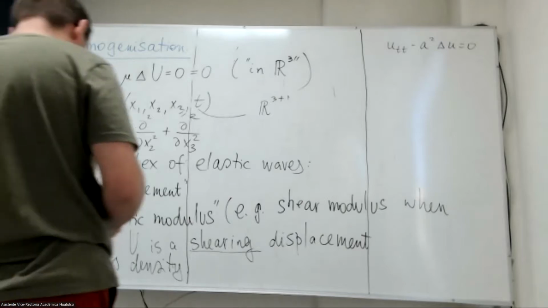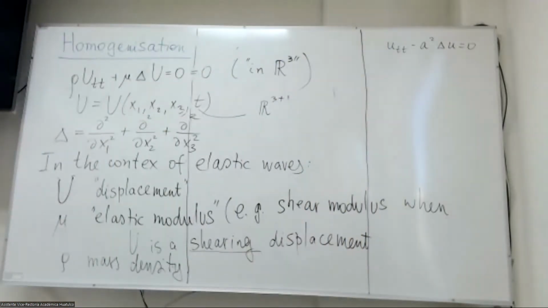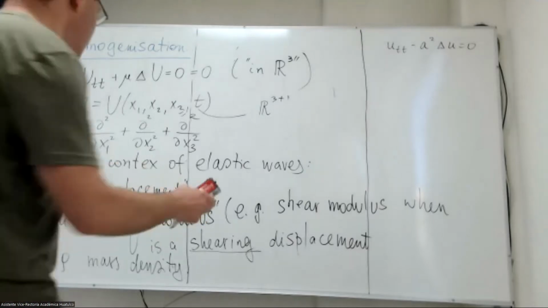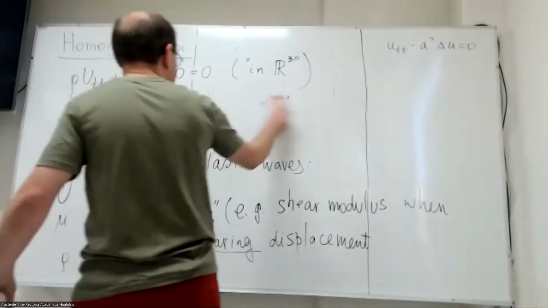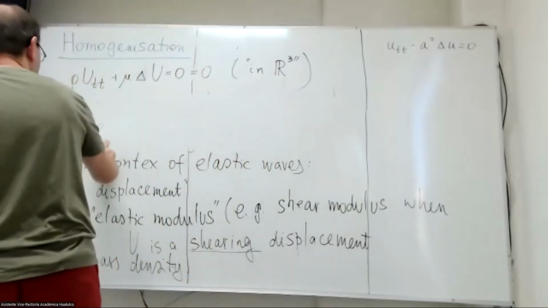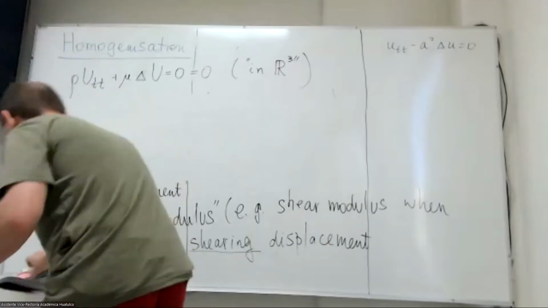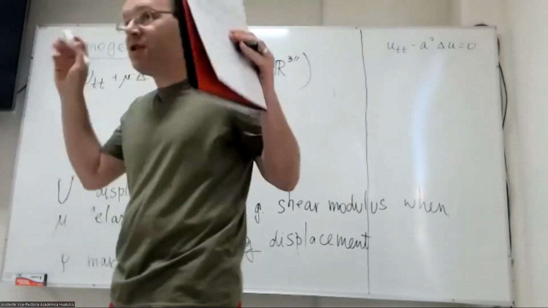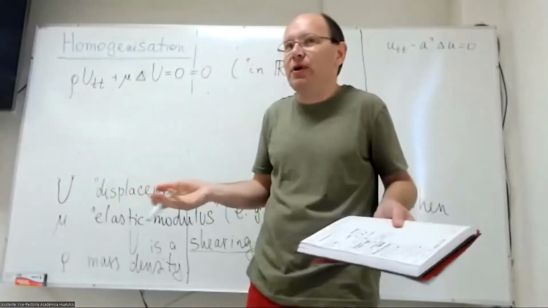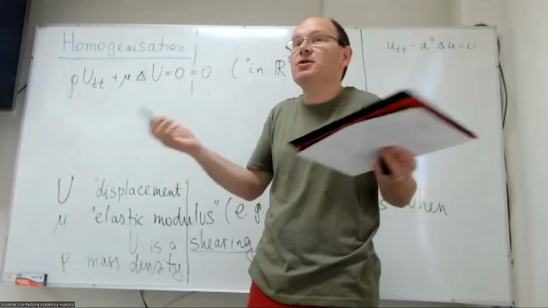Okay, I'm going to erase this now, and I want to keep the equation so we know what it represents. So let's look for some simple waves. What do we mean by a wave? I just want to play with this equation and come up with some solutions.